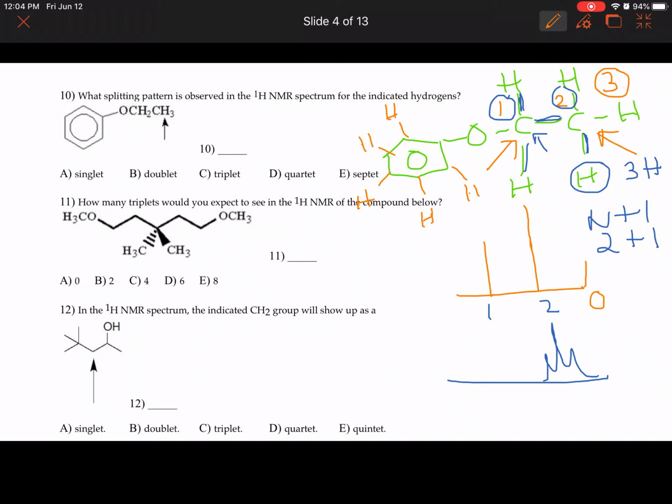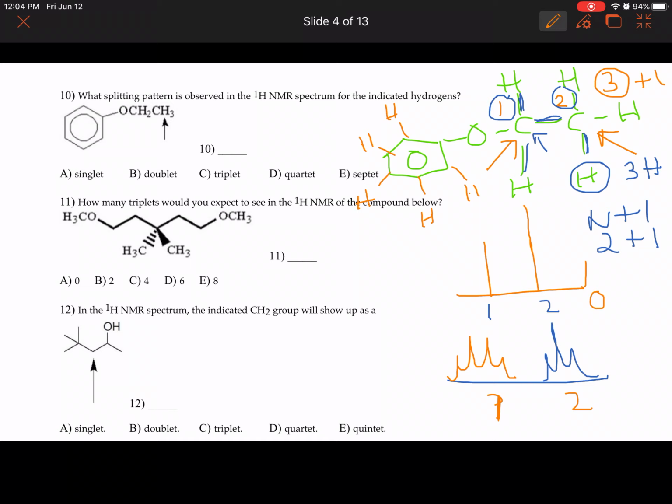So the n is going to be 3, so 3 plus 1, 4. So carbon 1 hydrogens will split to a quartet due to the 3 hydrogens on carbon 2. So it would become a quartet, 1 to 3 to 3 to 1, like that. So this is carbon 2, this is carbon 1. Okay, 1 and 2. That's how you observe the splitting. I hope you got it.